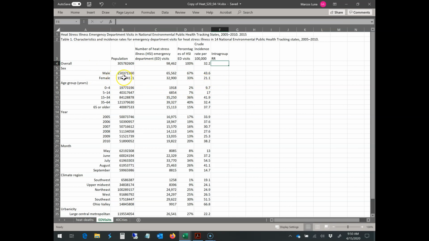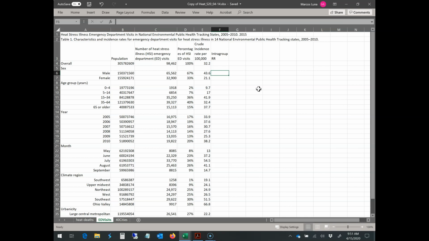So in that case, we're comparing, let's say, males and females only. And so what I want to know is, how do males and females compare in terms of their risk? So when we do that, we have to decide on who is going to be the point of comparison. And that group is going to be the denominator in the equation. And the numerator is what we like to think of as the target group of interest, the one we're asking the question about.